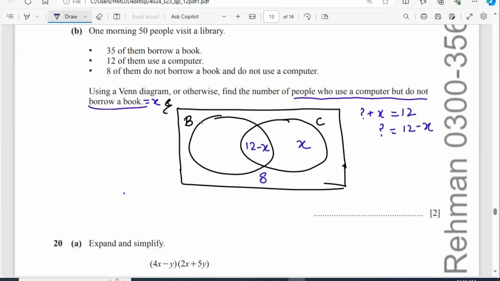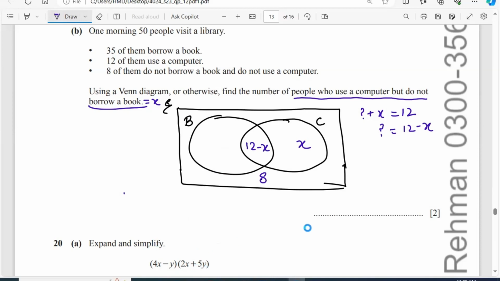Now, the whole circle represents books, which is 35. 35 books. Wait a minute, please.